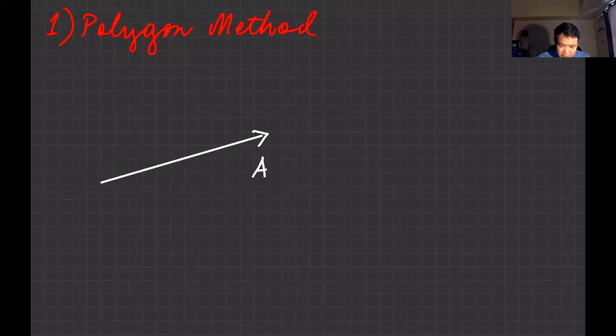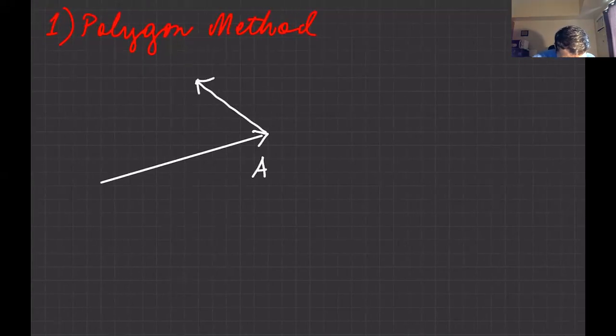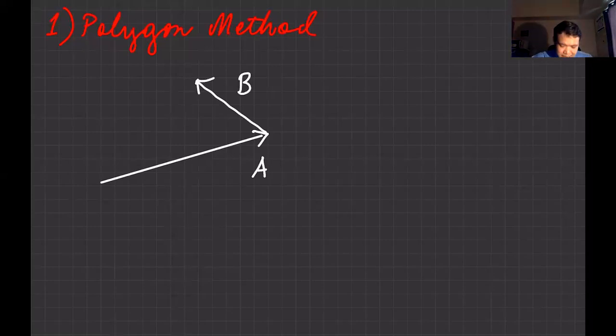And let's say this is your vector B. Now, what I did is connect the tail of vector B to the tip of vector A.